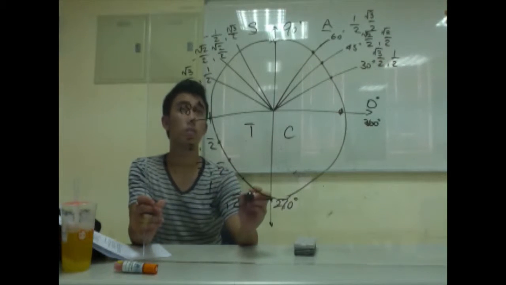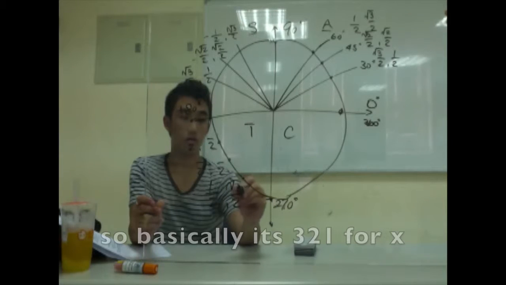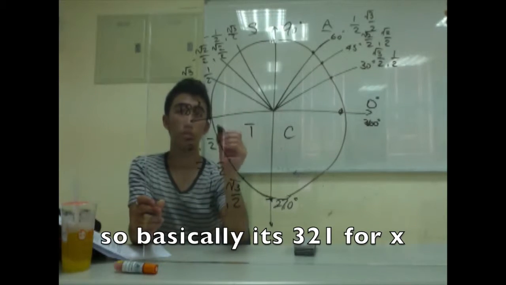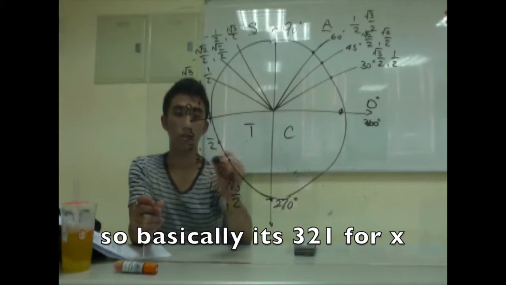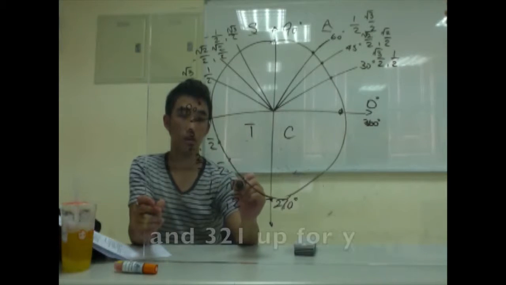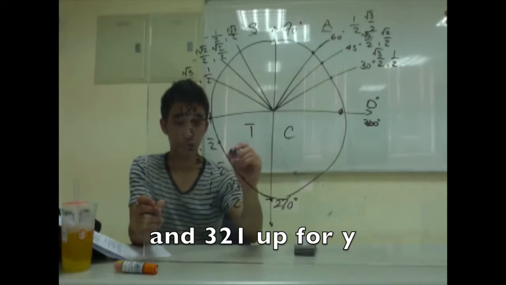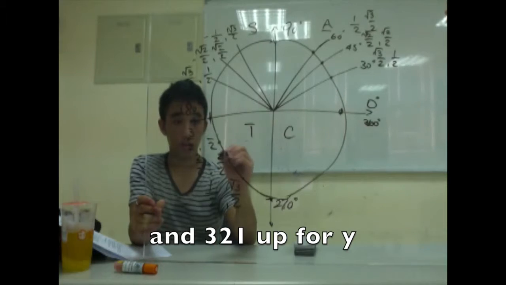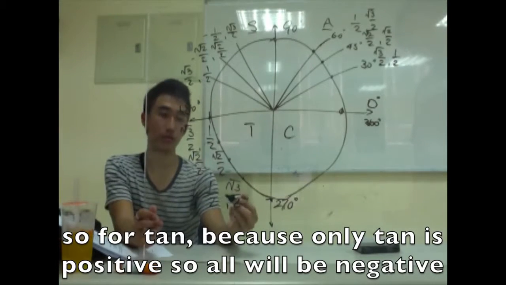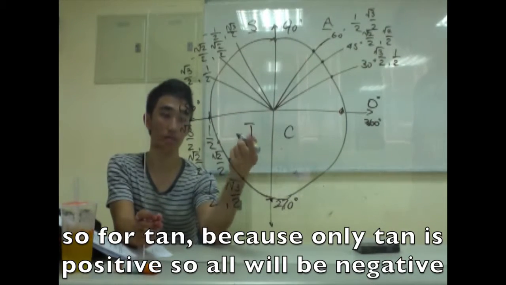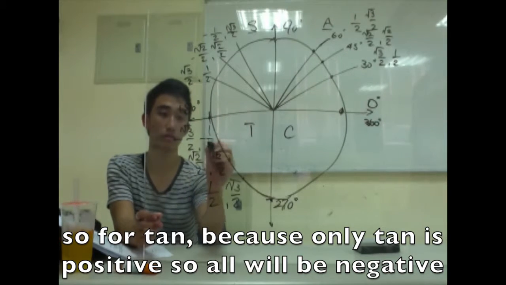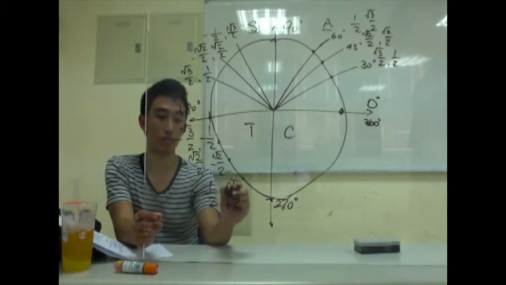Basically it's 3, 2, 1 for x and 3, 2, 1 up. For tangent, because only tangent is positive, all points are negative. So just mark all points negative.